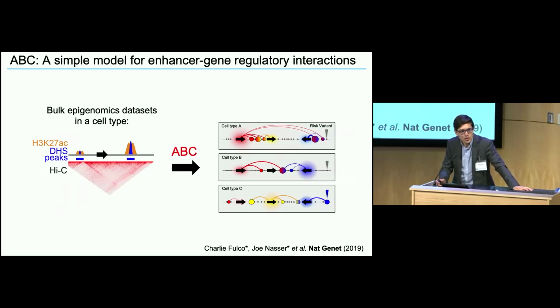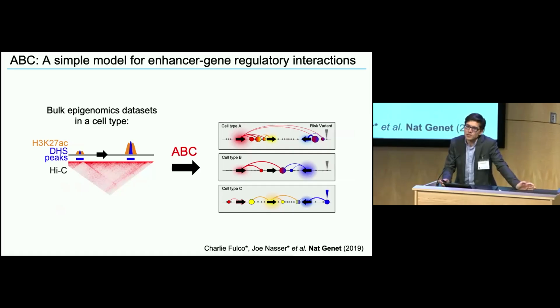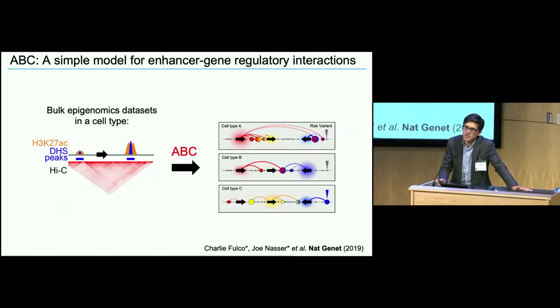One simple approach that I developed together with Charlie Fulco when we were both here at the Broad is called ABC, or the activity-by-contact model. The idea here is that if you simply estimate enhancer activity using bulk DNase or H3K27ac ChIP-seq data, and you multiply that by the 3D contact frequency between an enhancer and its target promoter, which you can measure with Hi-C, you can predict many enhancer-gene links and begin to build these genome-wide maps across many different cell types.